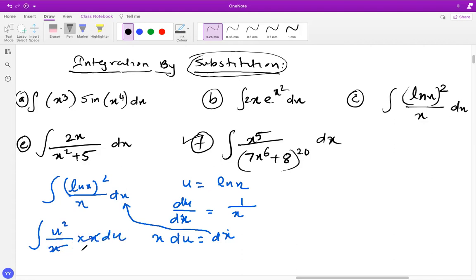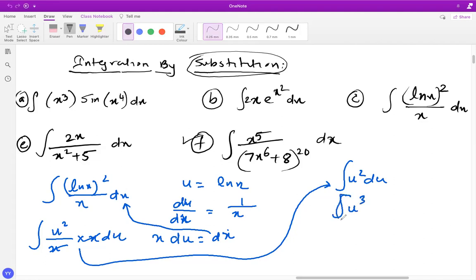This gets cancelled. So what we get is the integration of u square du. Now when you integrate u square, we get u to the power 3 over 3 plus c. So the final answer is ln x the whole cube over 3 plus c. So that's how you do the integration by substitution by basic methods.